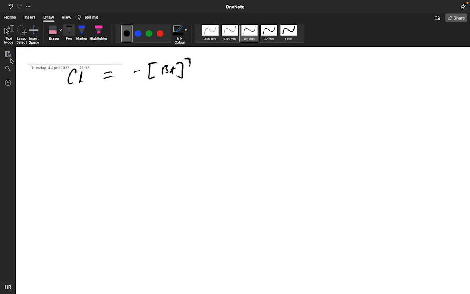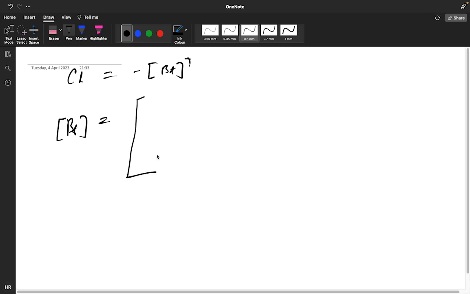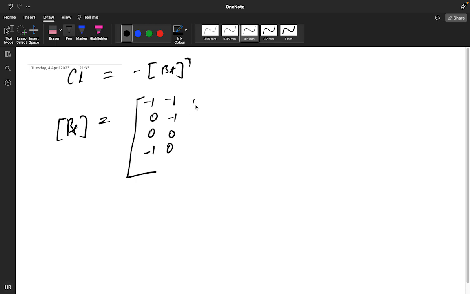Yesterday we got the B_T value, just check it from your notes. It was minus 1, 0, 0, minus 1, minus 1, minus 1, 0, 0, 0, 1, 1, 0, 0, 0, 1, 1. So this was the B_T value, the tie set value you are getting like this.